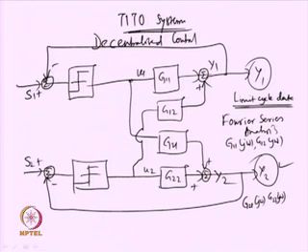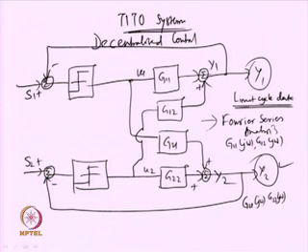So, this is how generally the decentralized relay control is used to identify the dynamics of a TITO system, using, of course, the Fourier series analysis.